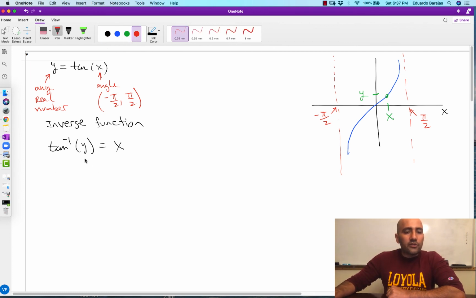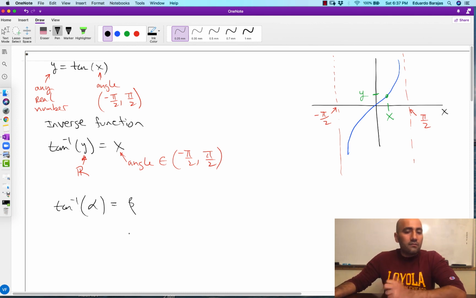The thing you input to a tangent inverse function is a real number, and the output then is going to be an angle that's a member of negative pi over 2 to positive pi over 2. And that remains true no matter what letters you use. So we could put tangent inverse of alpha equals beta. It doesn't matter. This has to be some real number. This has to be some angle between negative pi over 2 and positive pi over 2.